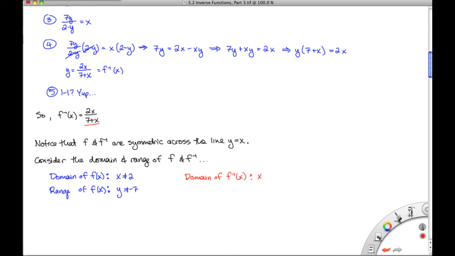So in this case, x can't be equal to negative 7, or else we'd have a 0 in our denominator. And similarly, if we look at the range of f inverse of x, we see that it has a horizontal asymptote at 2, so y will never be equal to positive 2.